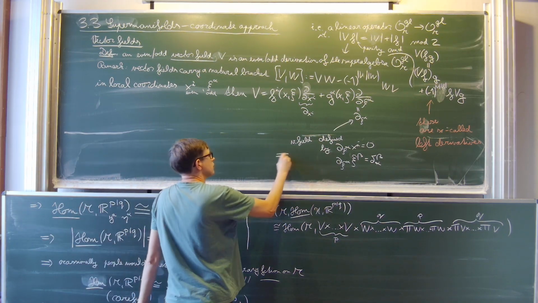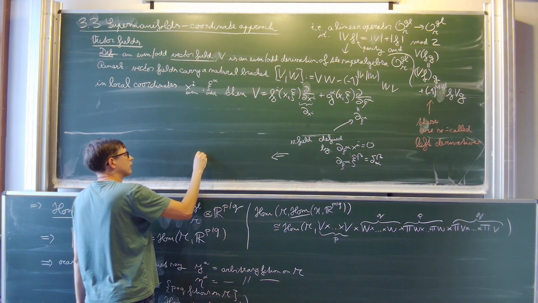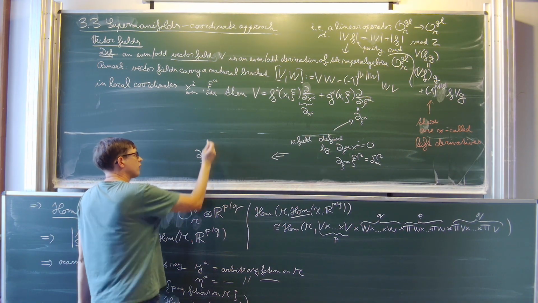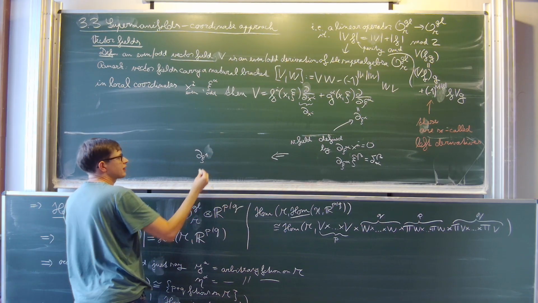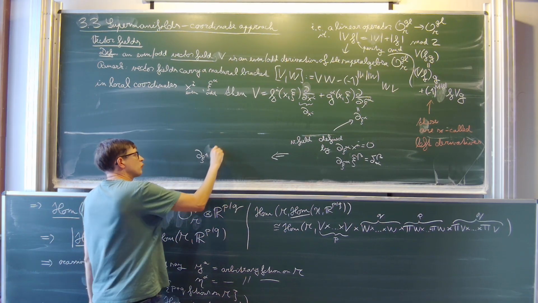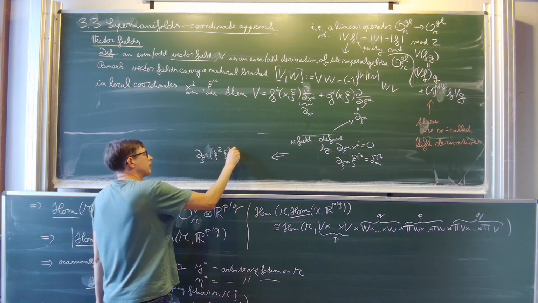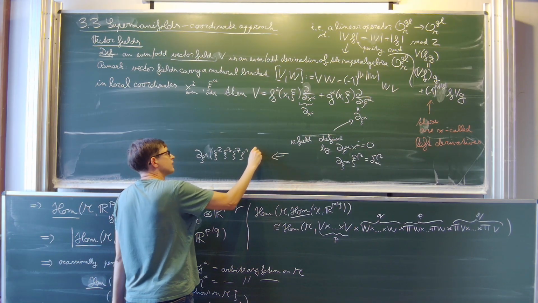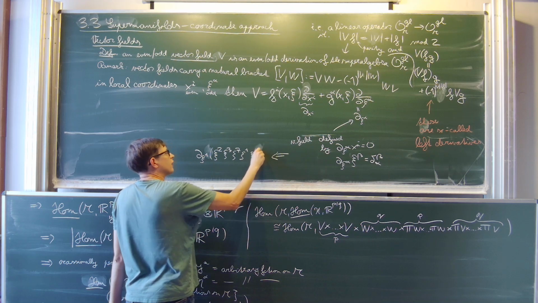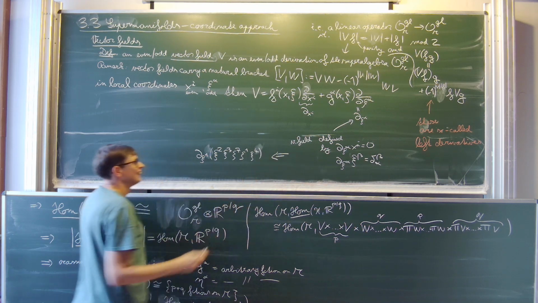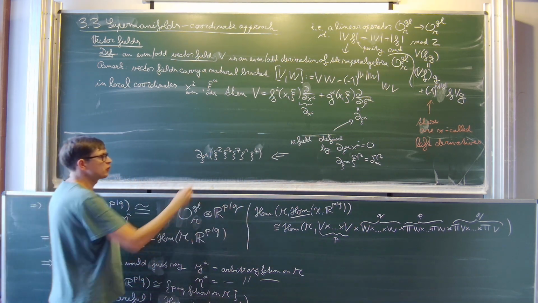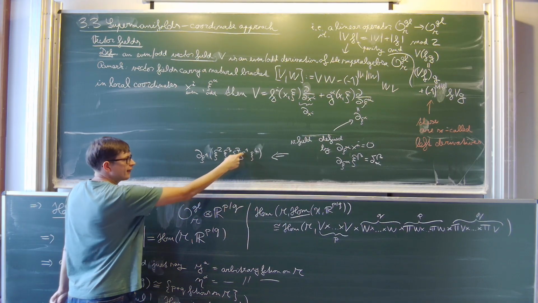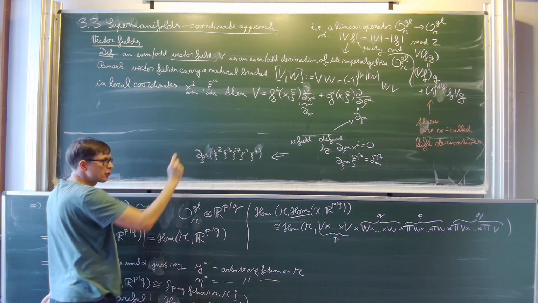In other words, let's be concrete: you have psi1, and then some expression, psi2, psi3, psi7, psi4. Okay, this is very random, but I'm sorry. To calculate such an expression, you use the fact that these anti-commute, so you move this one to the front, you pick up 3 signs because you have to pass 3 of them, and then you remove it.